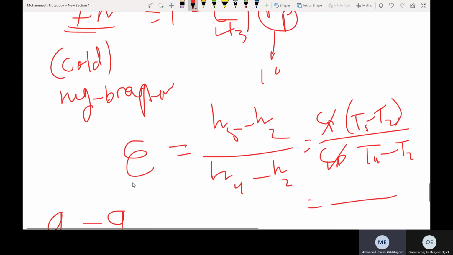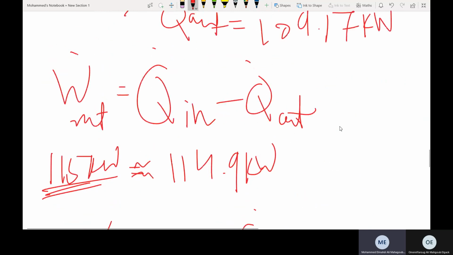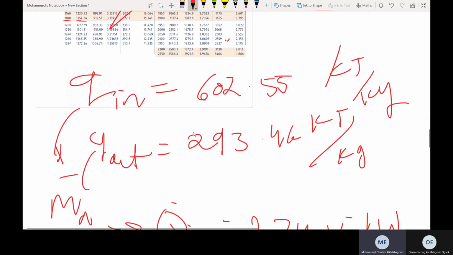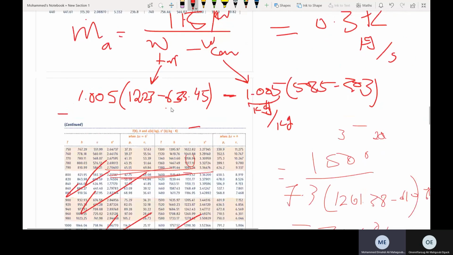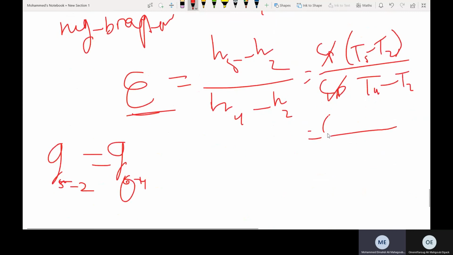Now let's calculate the regenerator efficiency, to make you confident about that. T5 was, what was it? T5 of the cycle was 623.45, minus T2 of the cycle, which was 585.